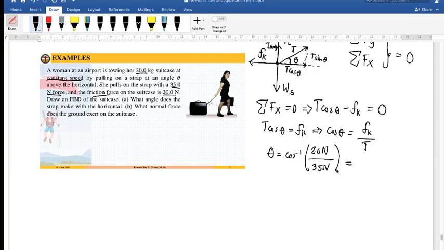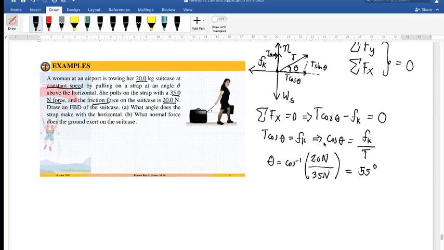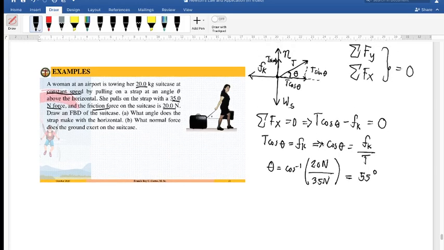So we have here the inverse of cosine, then we have 20 Newton divided by 35. So that is equivalent to 55.2 degrees, which is approximately equal to 55 degrees. So yung angle natin is 55 degrees. Okay?